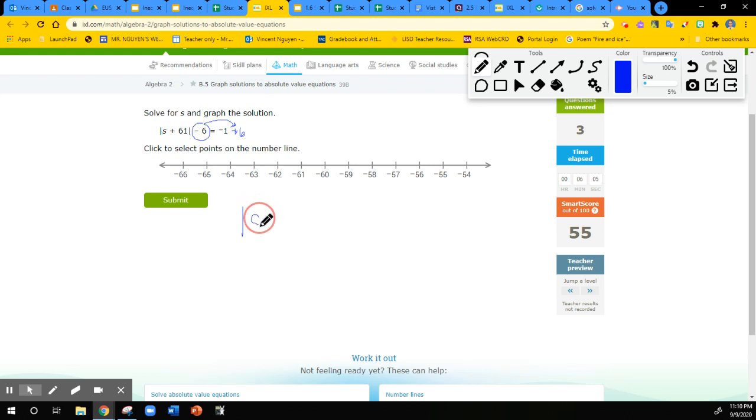So now I have S plus 61 absolute value equals negative 1 plus 6 gives you a positive 5, and now you split it into 2 cases. So you have S plus 61 equals positive 5, and S plus 61 equals negative 5, okay?